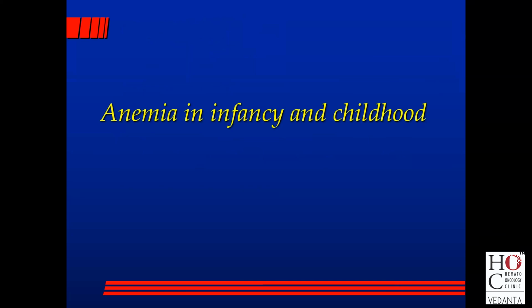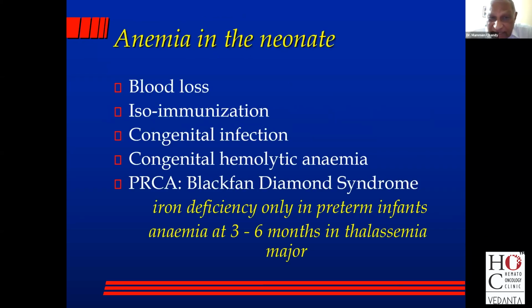Yeah. Anemia in infancy and childhood. If a neonate has anemia, then these are the differentials. Is it blood loss? Is it isoimmunization? That means the baby is A positive and mom is O positive, and she's produced an antibody against the baby.